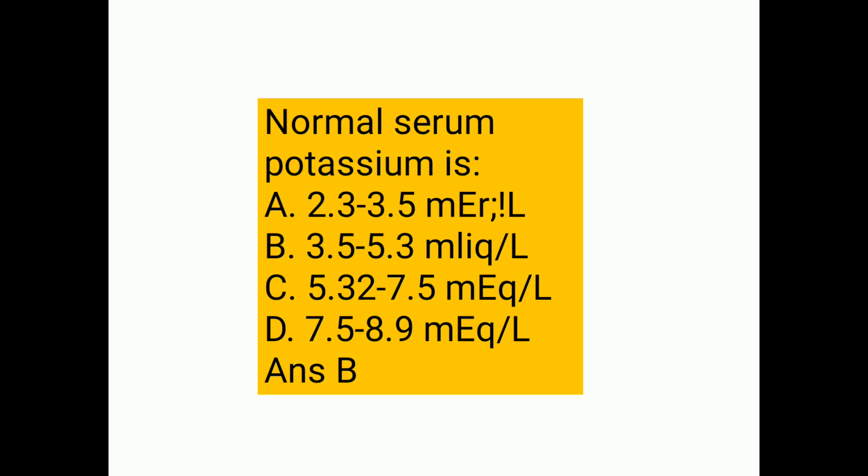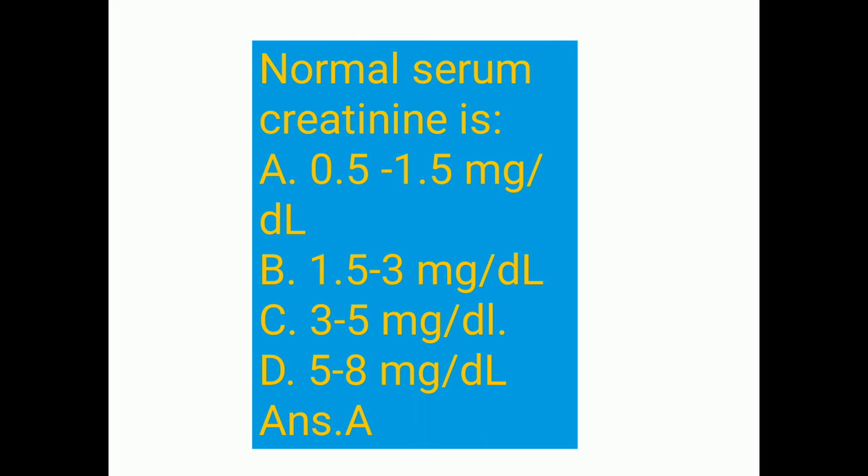Next question. Normal serum potassium is? The options are: 2.3 to 3.5, 3.5 to 5.3, 5.32 to 7.5, 7.5 to 8.9. The correct answer is option B, 3.5 to 5.3.